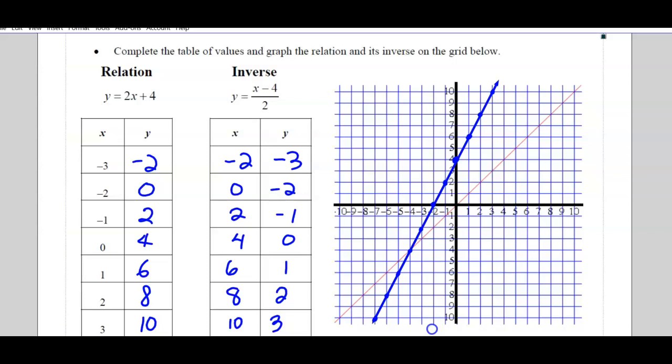Now for my inverse here, you can use the points if you want. You can think about the slope y-intercept form that I had on my previous screen, if you didn't have the table of values, right?